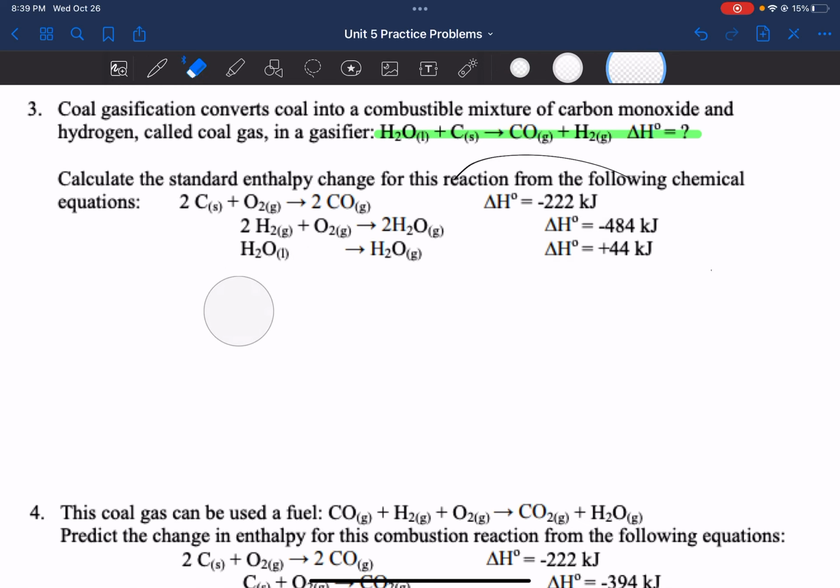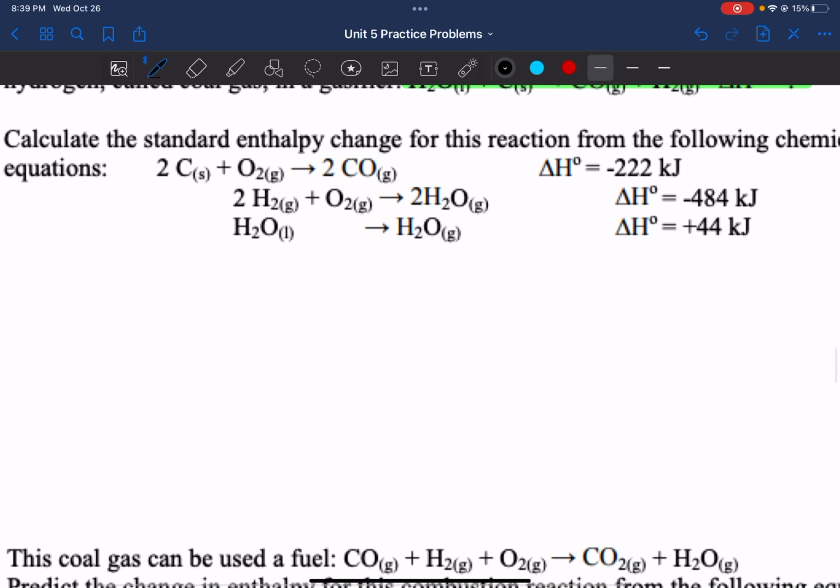Okay. So starting off, I always write what they are down here so I can always edit them easier. And then H2O becomes an H2O in this reaction, I guess.